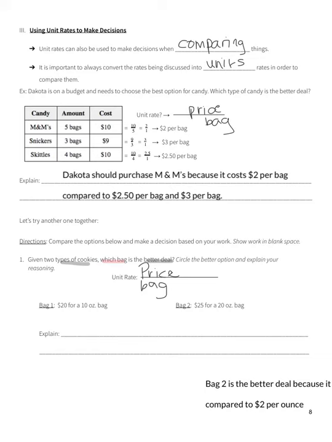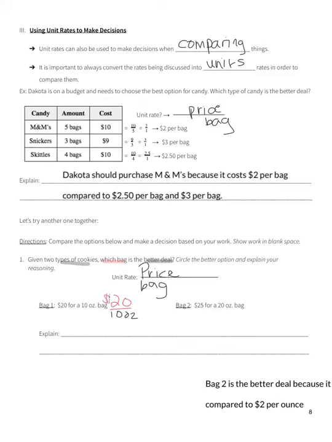How do we do this? Okay, again, same thing we've been doing. We have our numerator divided by our denominator. So our price is up top, 20, and we're going to divide that by the number of bags, or how big the bag is, which is 10 ounces. Remember to include those units, that's important.